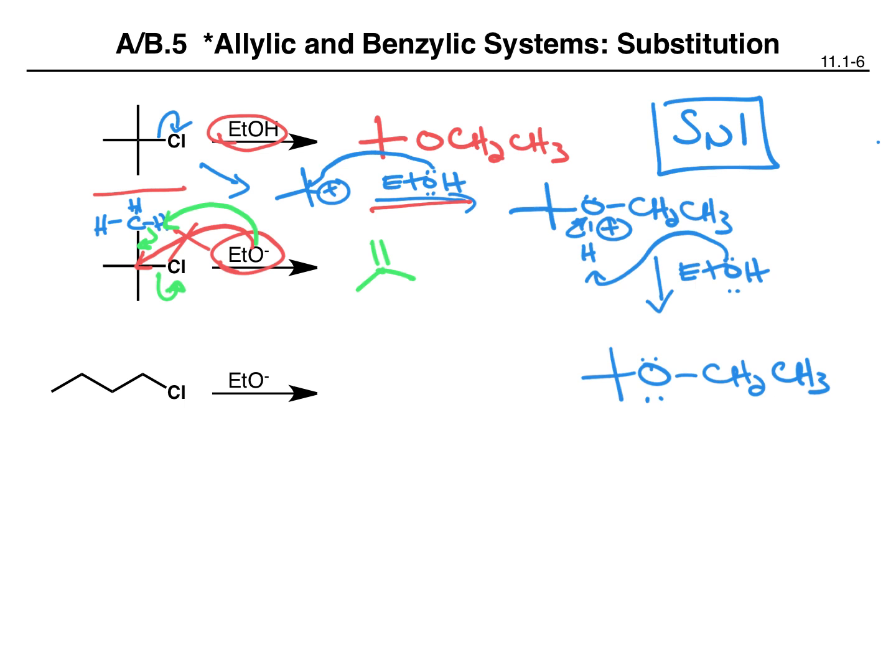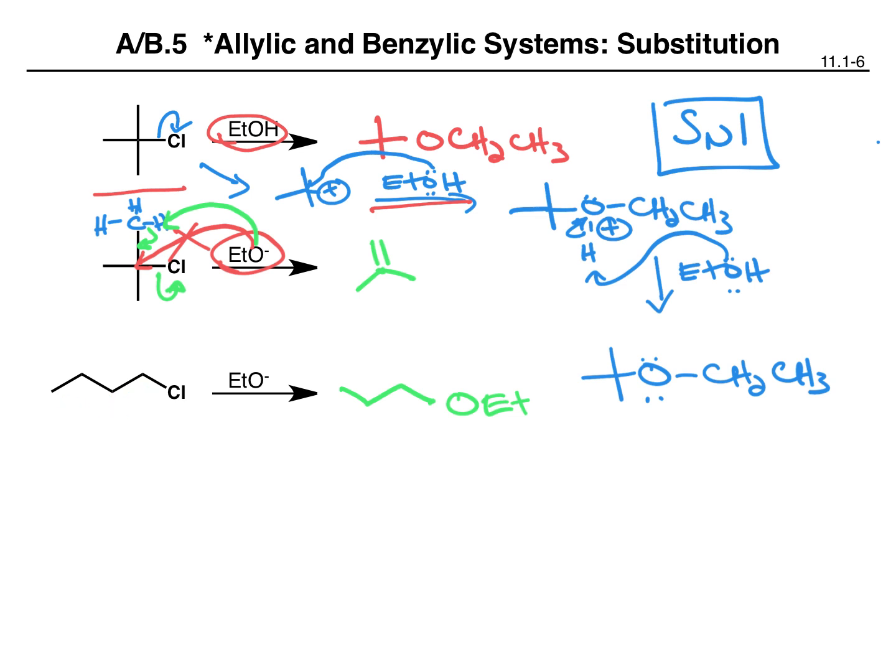Here's another example, and it's another alkyl chloride treated with ethoxide, and in this case we are going to make the ether. So keep in mind the difference that we're looking at here. This is a tertiary alkyl halide, whereas this one is a primary alkyl halide.